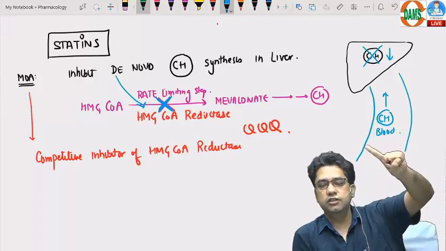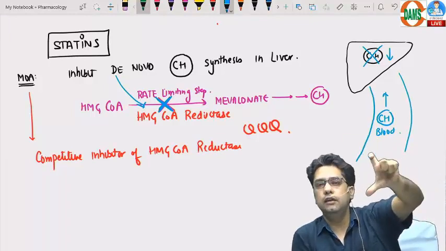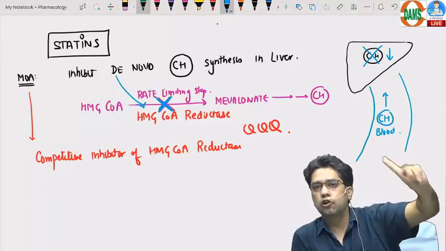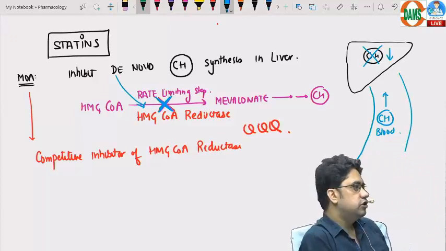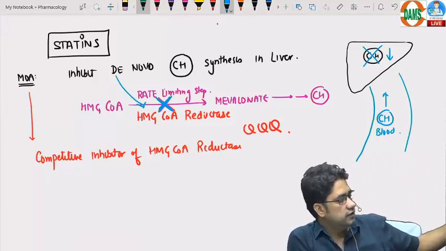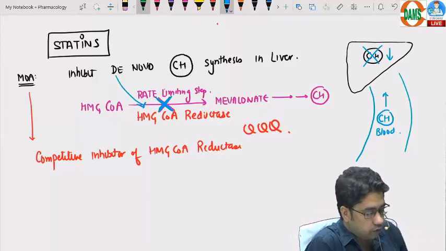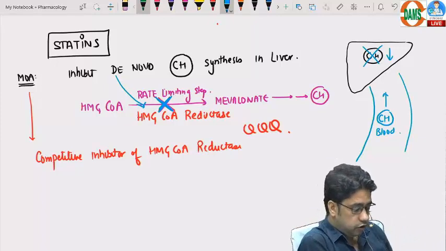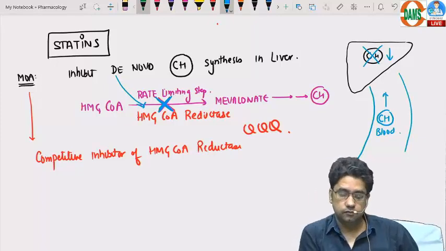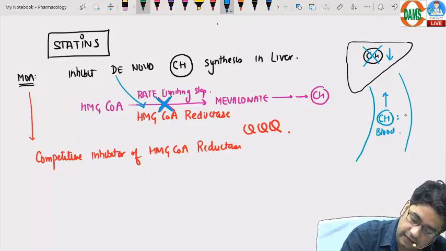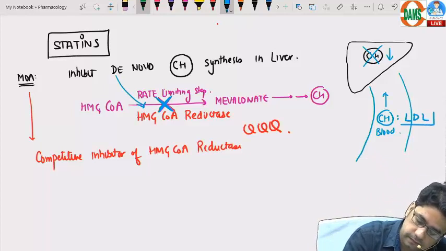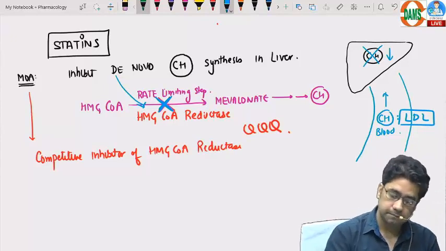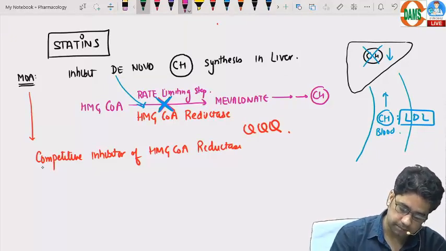Can you tell me which is the only lipoprotein which can donate cholesterol to body cells? कौन सा lipoprotein कोलेस्ट्रॉल डोनेट करता है बॉडी सेल्स को? That lipoprotein is LDL. Yes. So, because of this reason, what will happen?